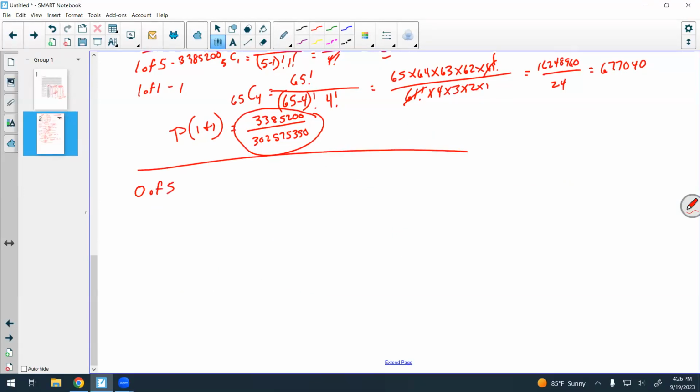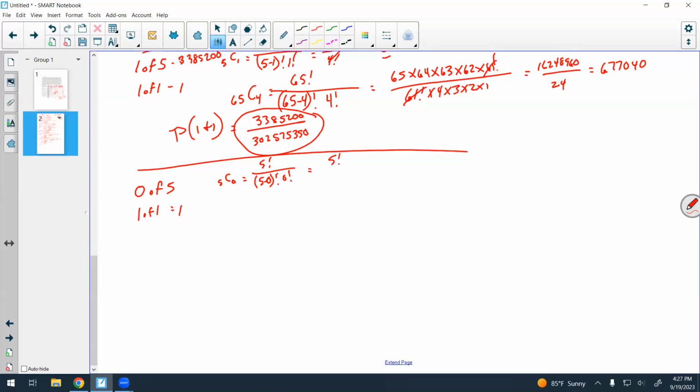Last prize tier. Zero of five. So 5, choose 0. 5 factorial over 5 minus 0 factorial, 0 factorial. Remember we said 0 factorial was 1 by definition.